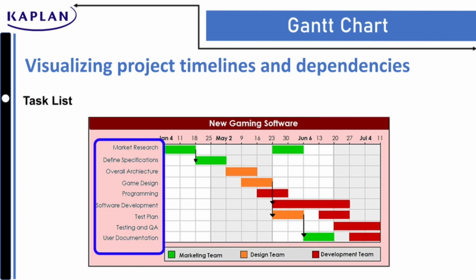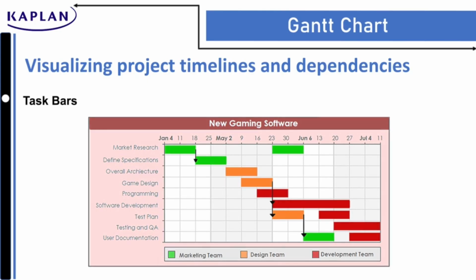Task list. Running vertically along the left side of the chart, this list details each individual task or activity involved in the project. Clearly defining these tasks is essential for creating a comprehensive Gantt chart. Task bars.